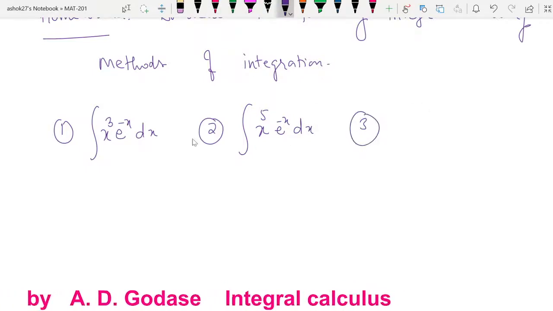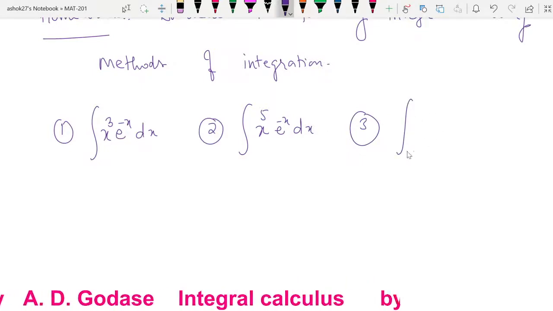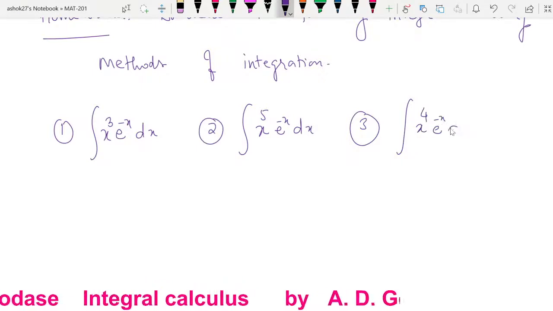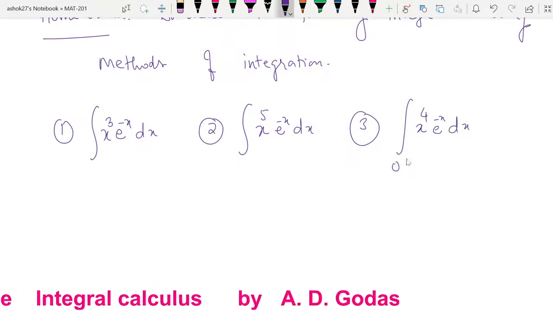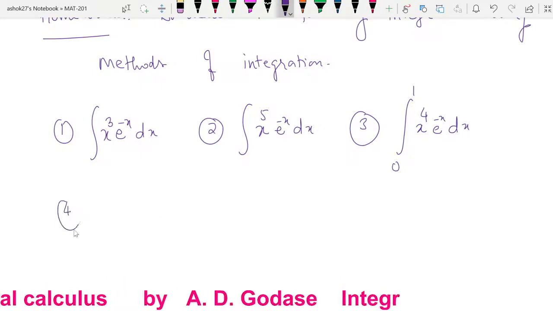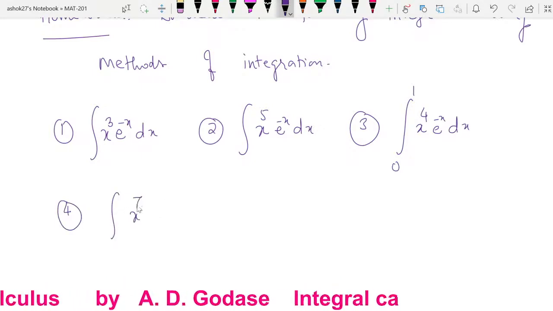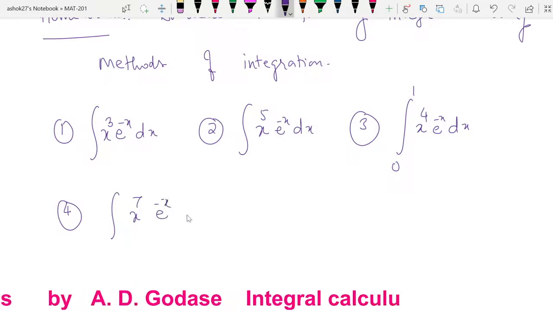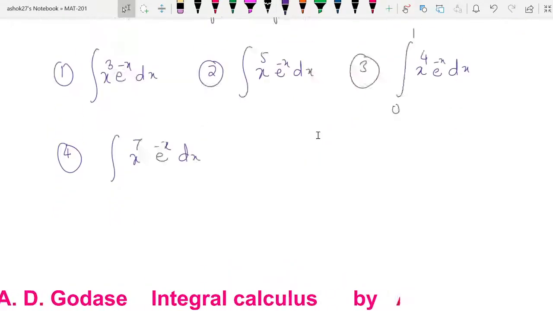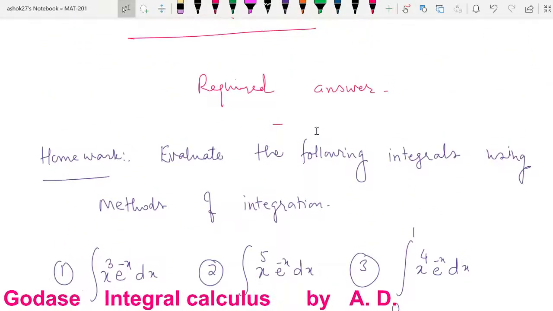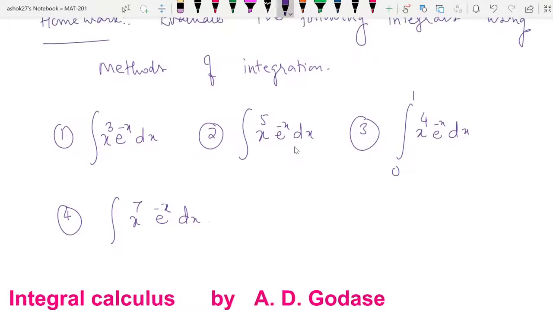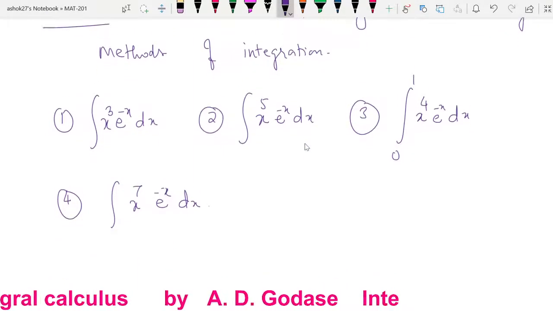Third, evaluate integration of x raised to 4 e raised to minus x dx, from 0 to 1. And fourth, evaluate integration of x raised to 7 e raised to minus x dx. So do these examples at home. This is homework on this fourth reduction formula.